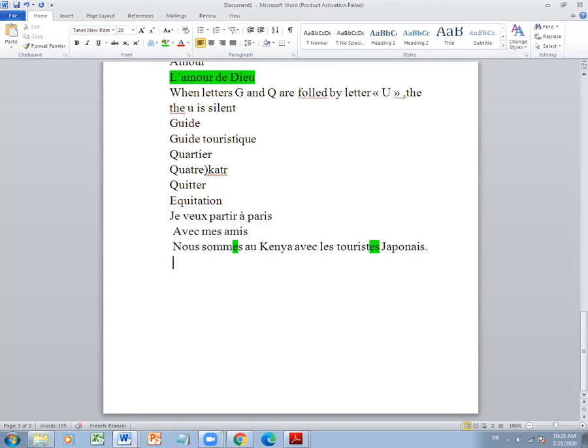Nous sommes au Kenya avec les touristes japonais. Yes.